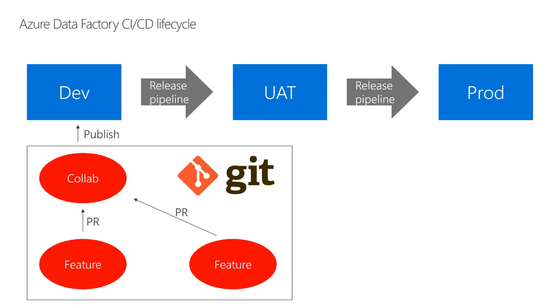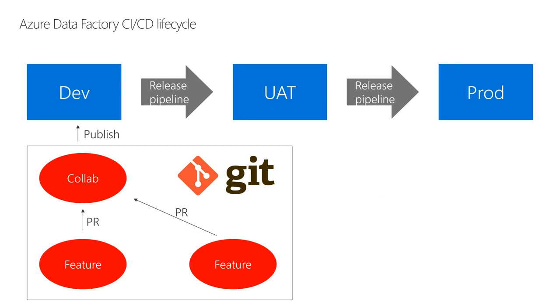Now, this is something that needs to be defined, and something that can be really confusing for some people. And that is the concept of that publish button inside of Data Factory. I'll talk about it more in a minute.